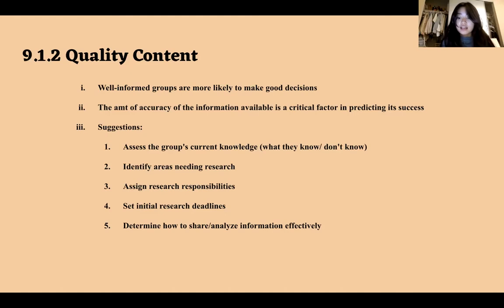And then after identifying what you don't know, you assign these responsibilities to each team member, and then you set a deadline. So everyone has set standards on when they should be able to share this information with the rest of the group.